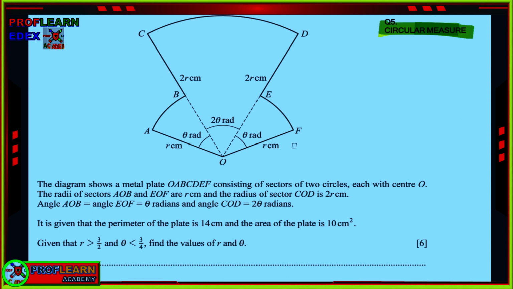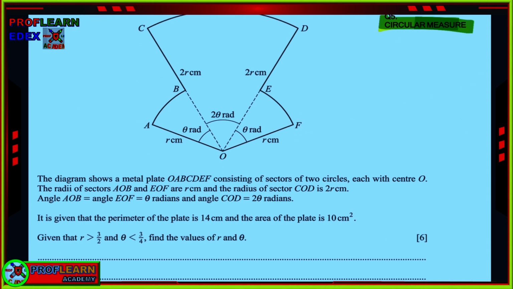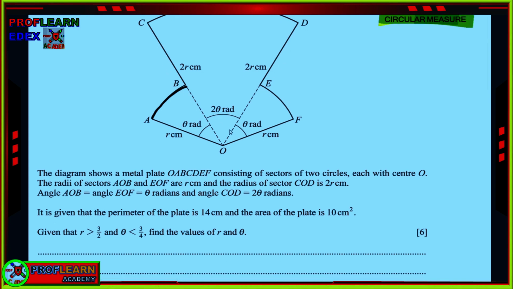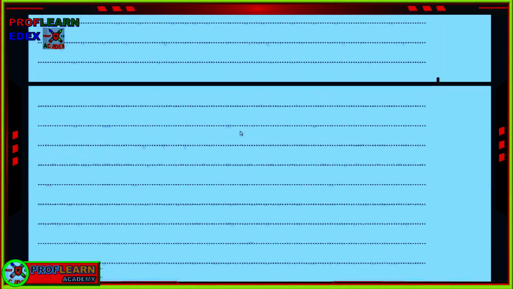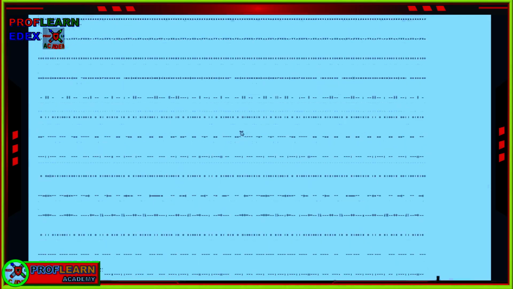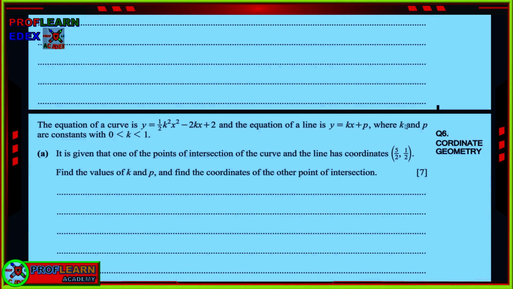You must have a question on that. You need to know how to find the area of a sector and also the arc length of a sector, so that if you are finding the perimeter, you will have this arc length, then you add the distance around. And if you are supposed to find the area, you can find the area. So ensure that you have prepared on that.